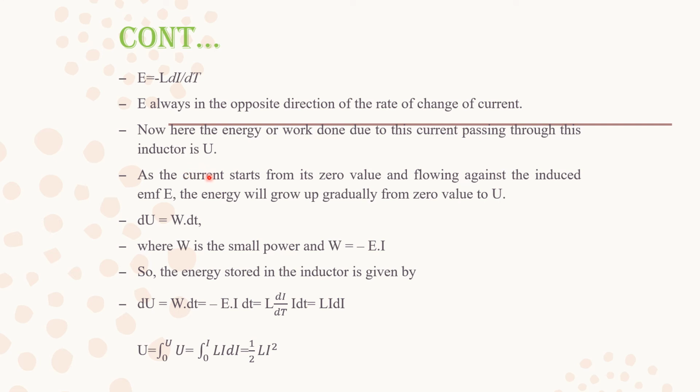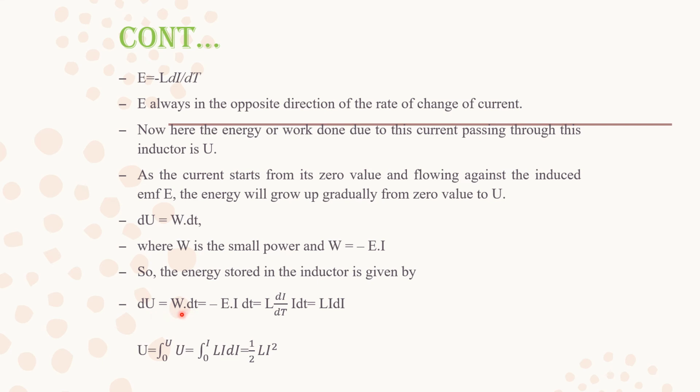If we consider it as U, as the current starts from its zero value and flows against the induced EMF E, the energy will grow gradually from zero value to U. So we can write dU is equal to W into dt, where W is small power. So W is nothing but minus E into I. So we can write energy stored in the inductor as dU is equal to W into dt.